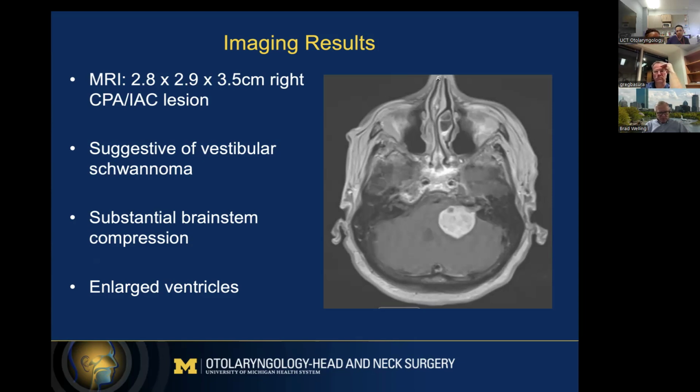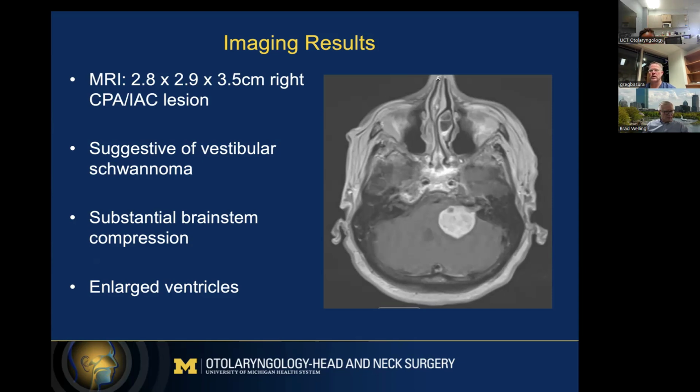You have a lesion within the cerebellopontine angle, extending toward the cerebellum, possibly a CP angle lesion that is taking up contrast. So in terms of differentials, it is either a vestibular schwannoma or it could be an arachnoid cyst.